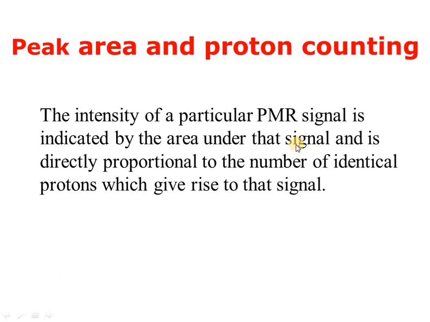The peak area is directly proportional to the number of identical protons which give rise to that signal. So proton counting is directly proportional to the peak area. The greater the peak area, the greater the number of protons giving that signal. So peak area and proton counting are related to each other.